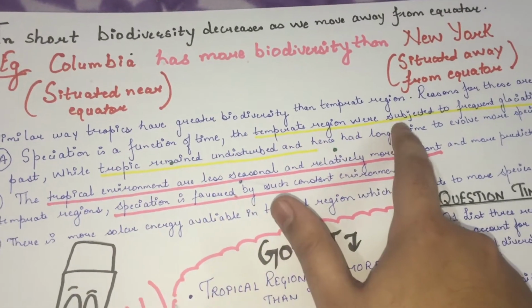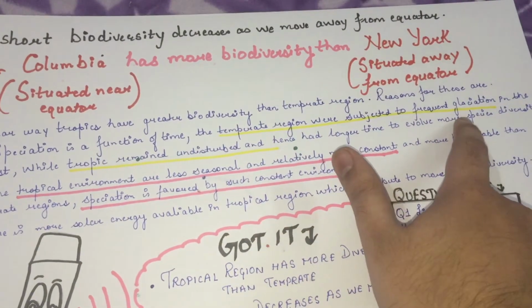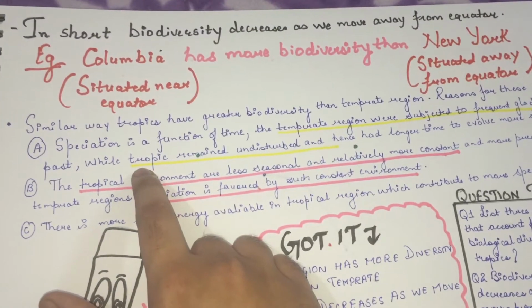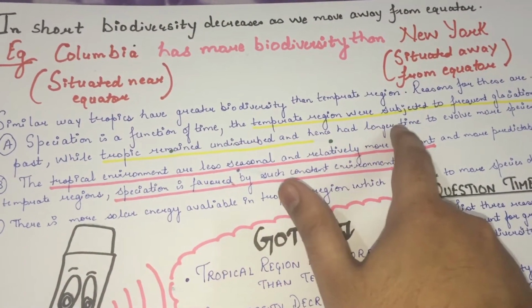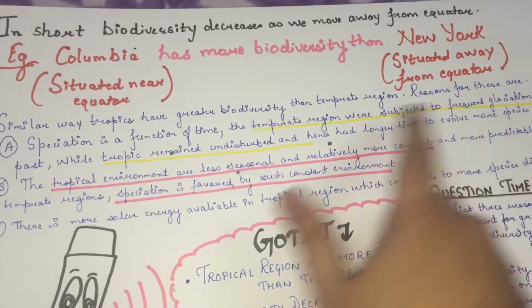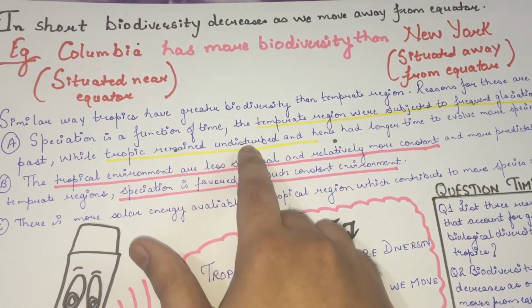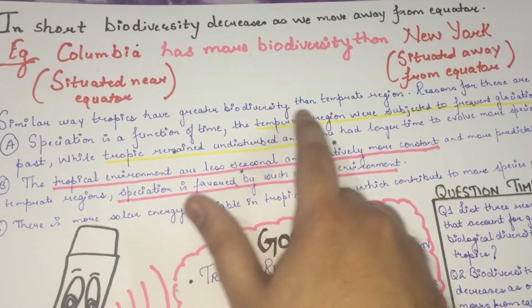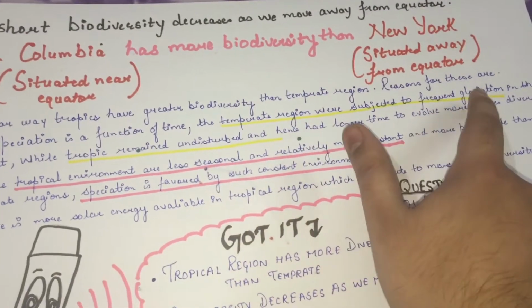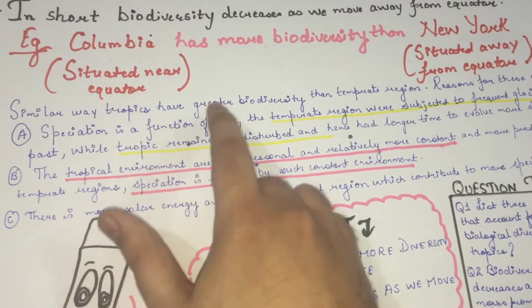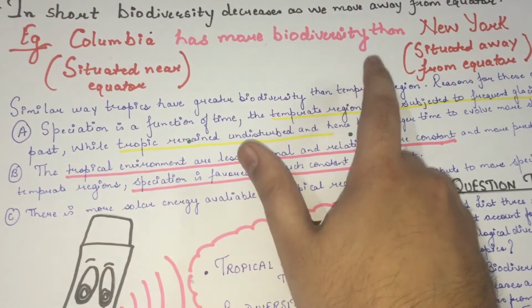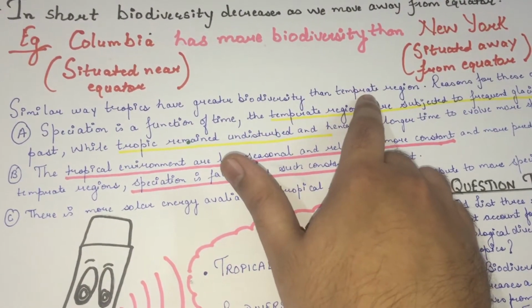Temperate regions were subjected to frequent glaciation in the past, while tropical regions remained undisturbed, and hence they had a longer time to evolve more species. So the tropical areas have more biodiversity as compared to temperate areas.